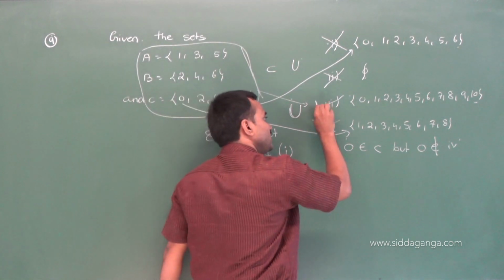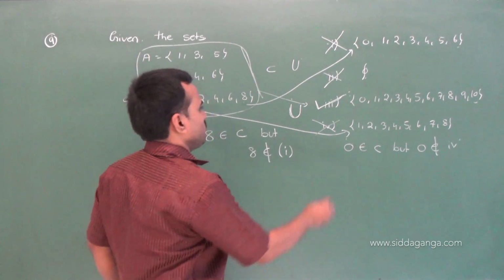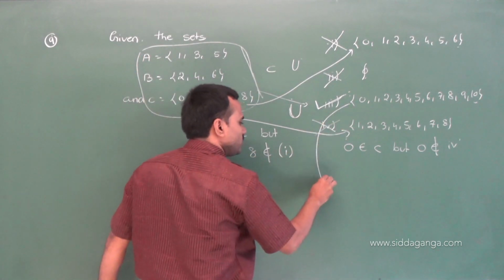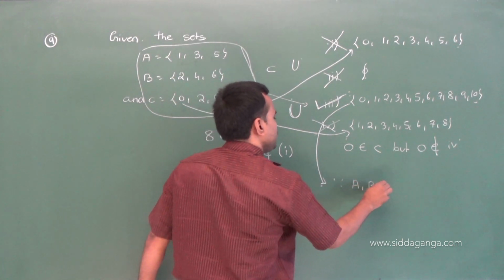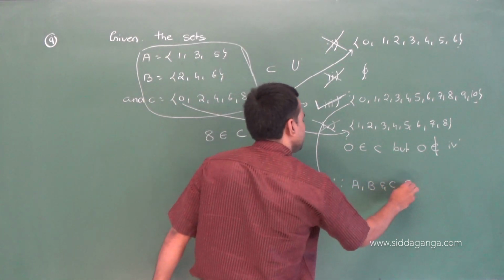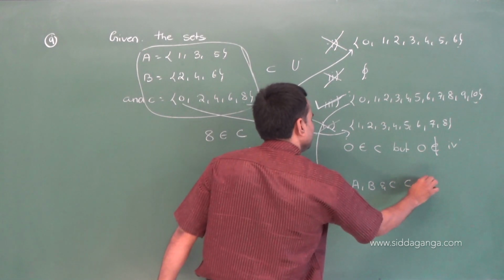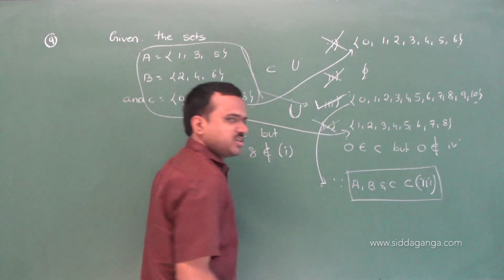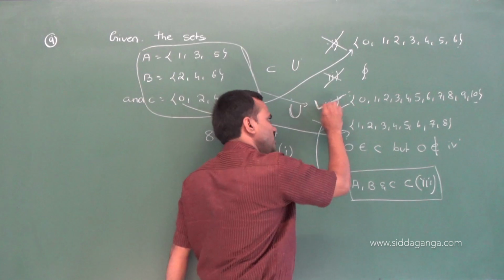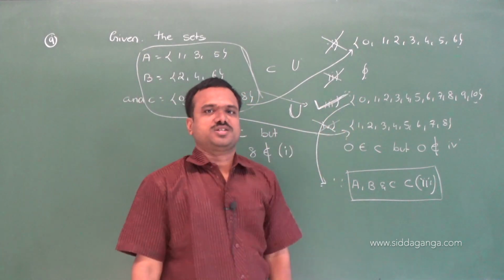So the answer is the third option, because A, B and C are subsets of the third option. Understand? That's why we consider this third set as the universal set.